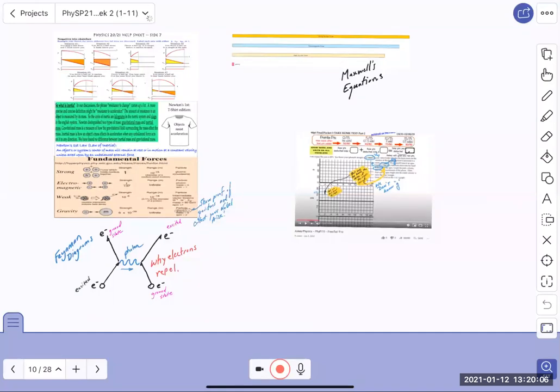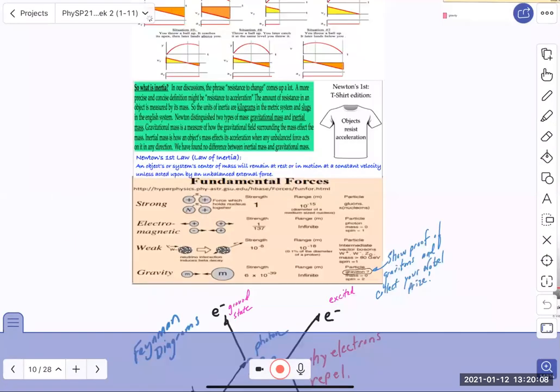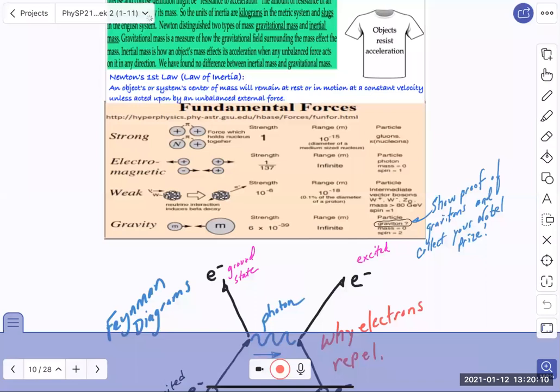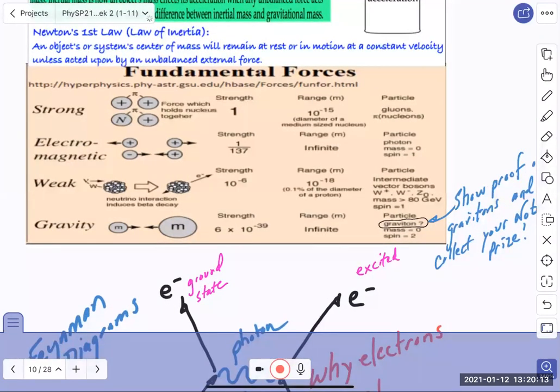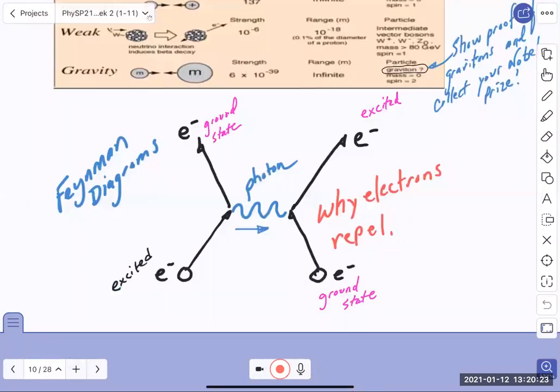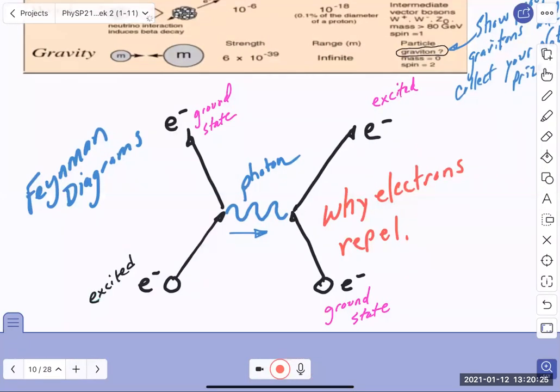Also, yesterday we talked about the 4 fundamental forces, and we talked about the carriers of those forces. One of the carriers was photons between electrons, or between protons and electrons. So like 2 electrons repel each other. And I was born in 1959.